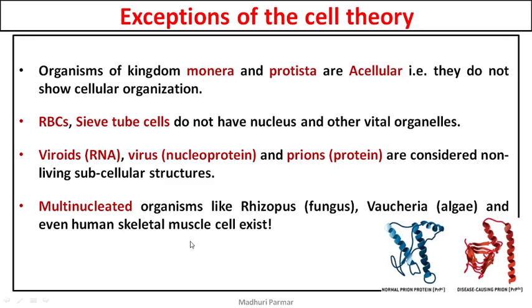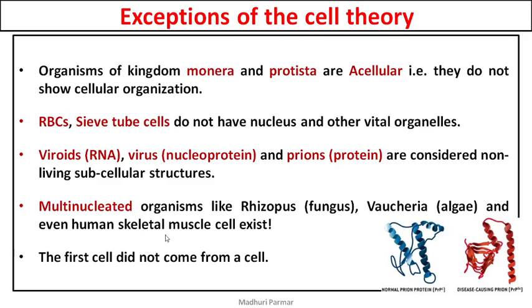Then the human skeletal muscle cell, which you must have studied in the movement and locomotion chapter. That skeletal muscle cell is a very long fiber and it has many nuclei. So all of these are exceptions to the cell theory.